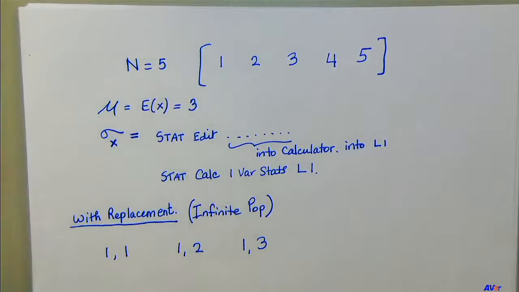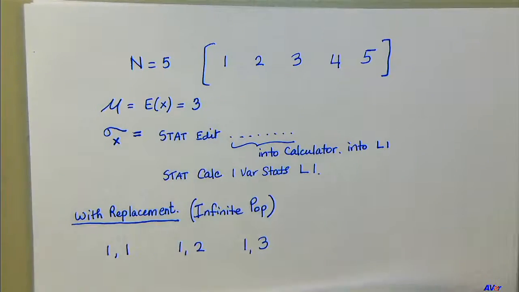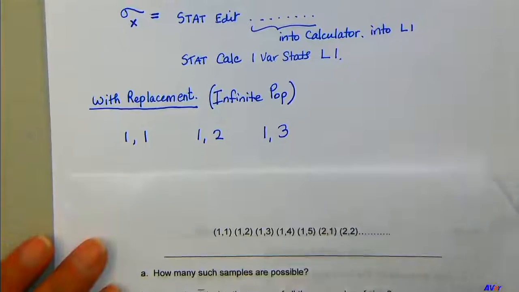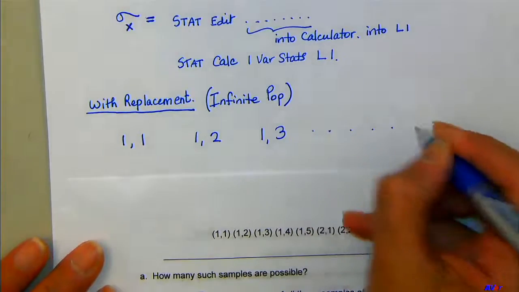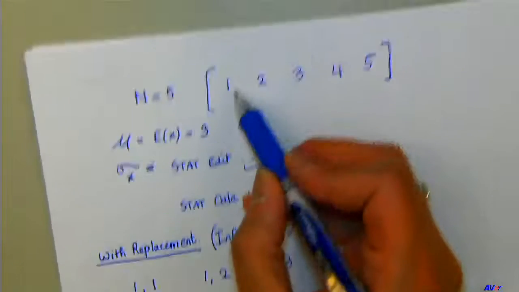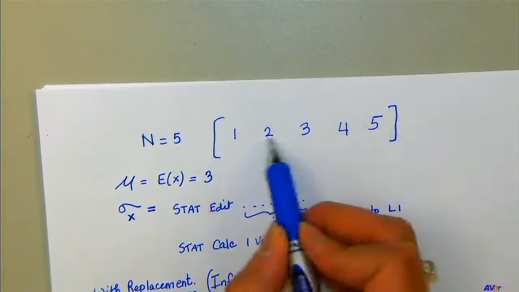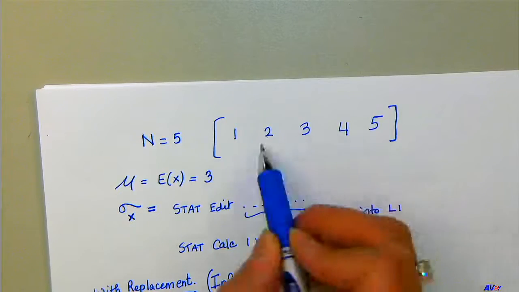If you look at page 2: 1, 1, 1, 2, 1, 3, and so on. How many values will there be, do you think? 1, 1, 1, 2, 1, 3, 1, 4, 1, 5. 2, 1, 2, 2, 2, 3, 2, 4, 2, 5. 25 values, correct.